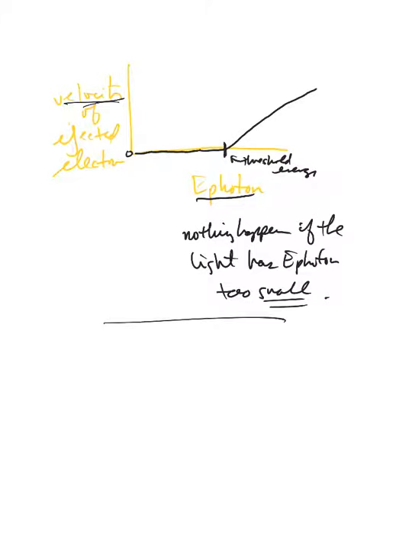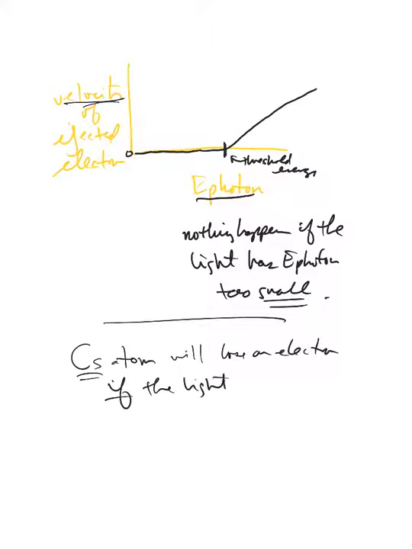All right, so let's take a look at a question here. This is a question from my textbook. It talks about the metal cesium. A cesium atom will lose an electron if the light exceeds 3.3 times 10 to the minus 19th joules per atom.